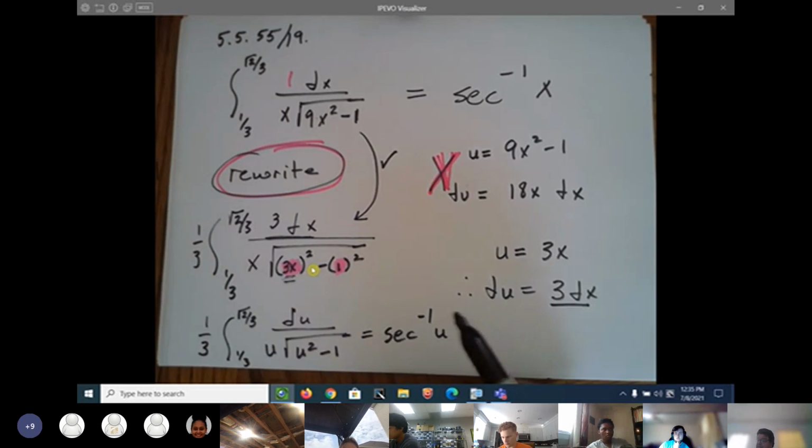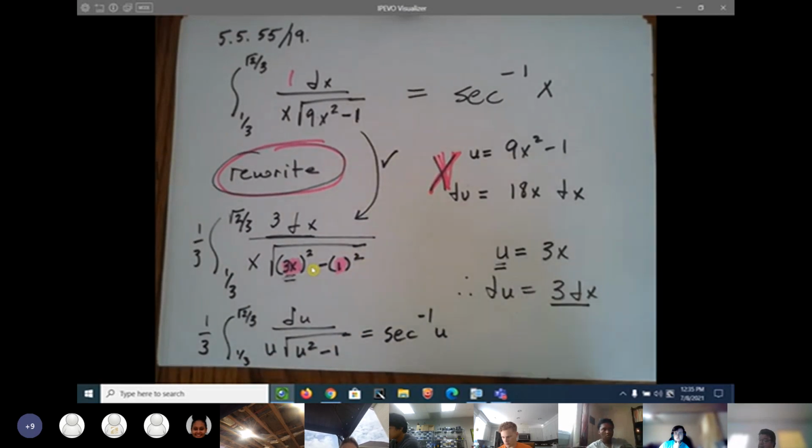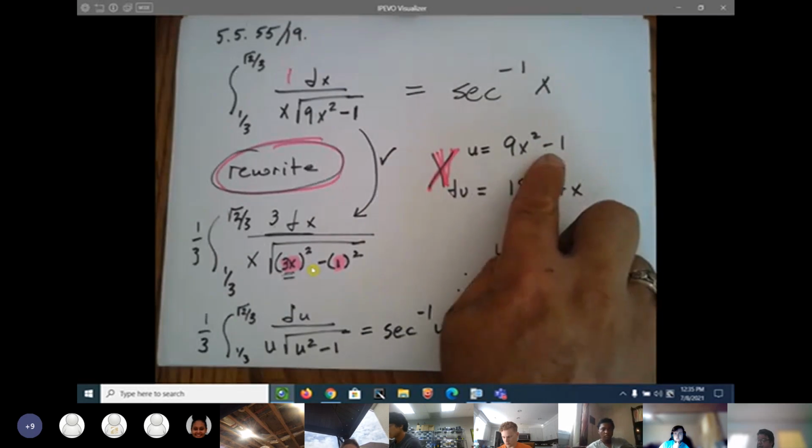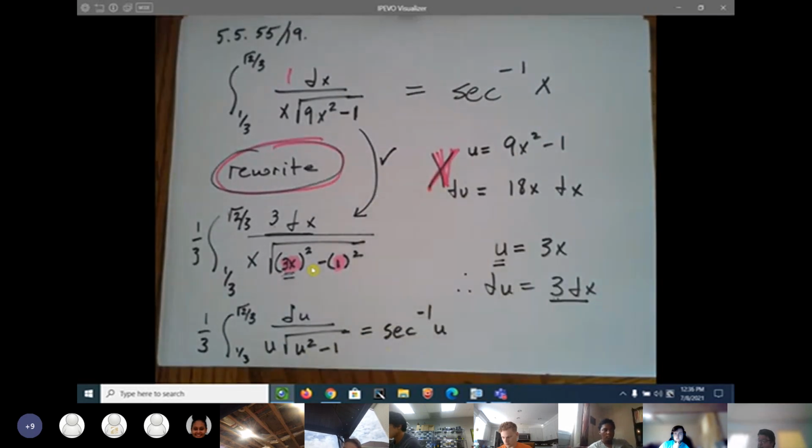Or in this case, it's going to be your u, and then you get that 3, and you can take off from there. Okay? So inverse secant of 9x squared minus 1. And it's going to be absolute value, but not a big deal.